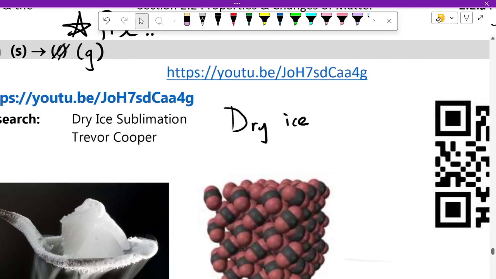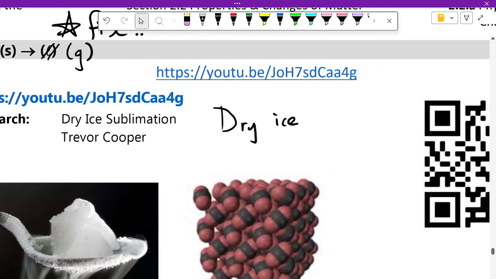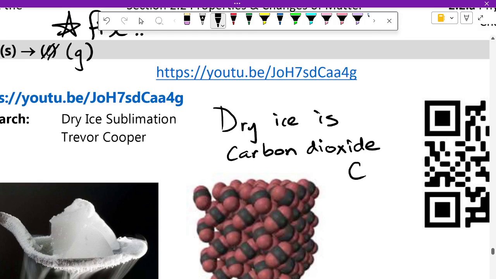What gas is it that's become solid? Anyone? Carbon dioxide, yes. Anyone know the formula for carbon dioxide? CO2. Di means two. That's where that two comes from.